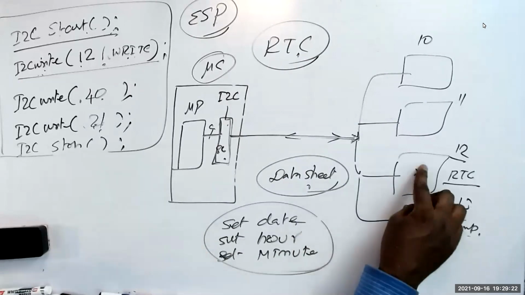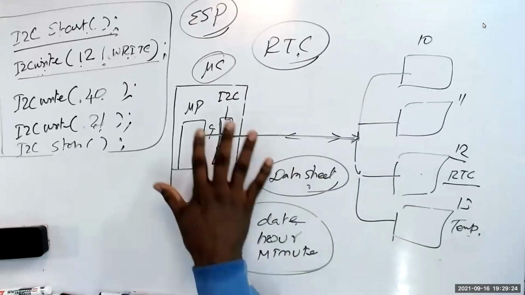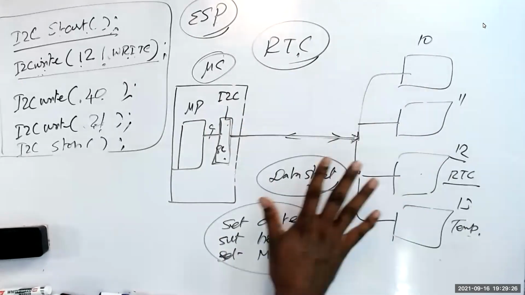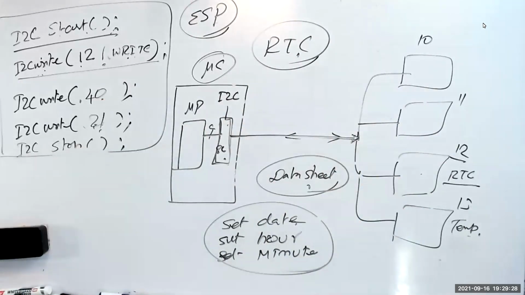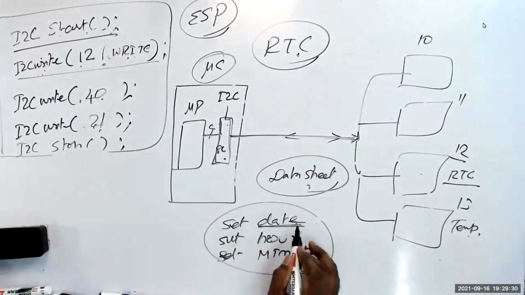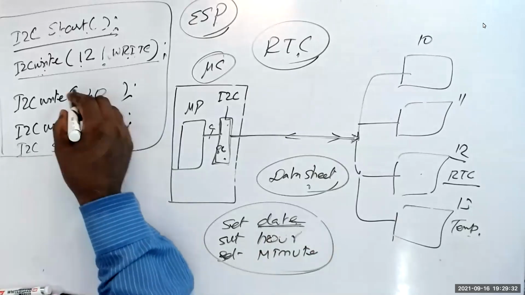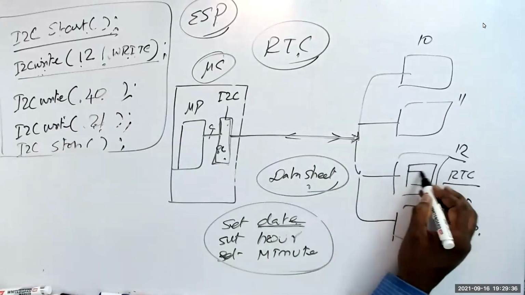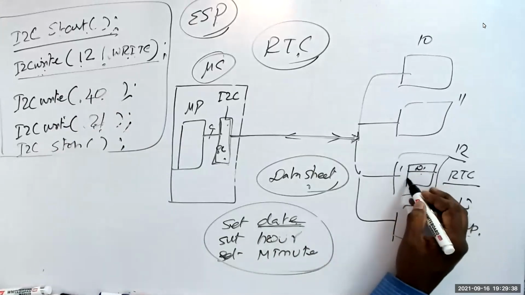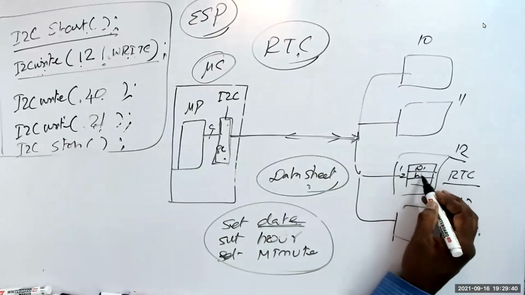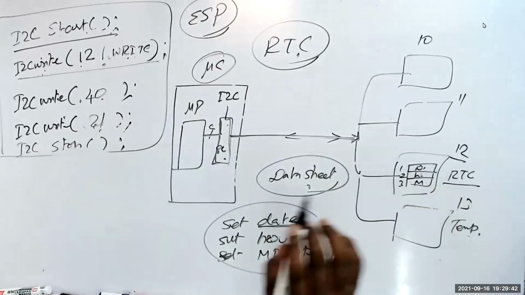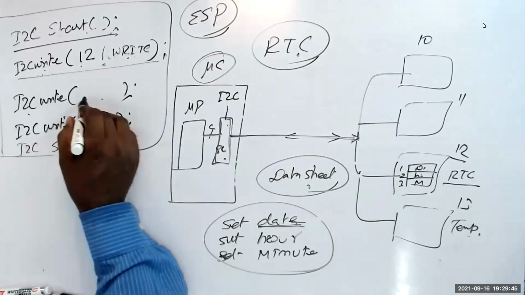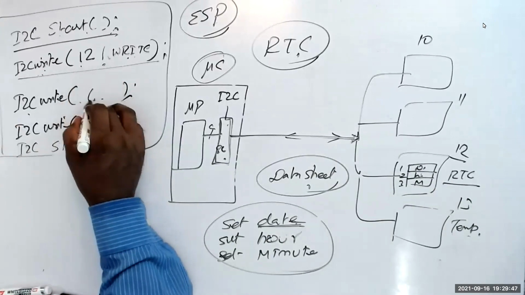Same thing here. When I start the new board, I will set the time. But to set the date, I have to do this. Let us say I have 3 registers. Register 1 for date, register 2 for hours, and register 3 for minutes. I'll say I2C write, sorry, address 0.